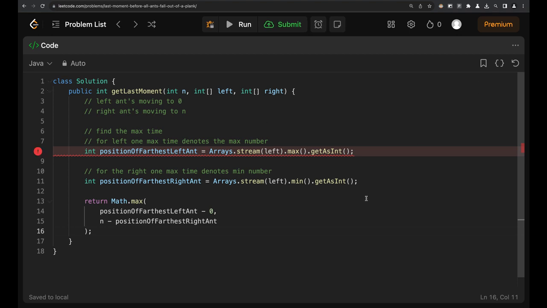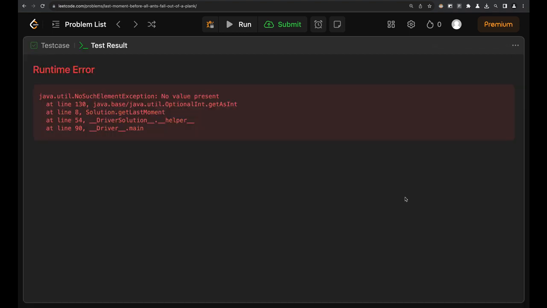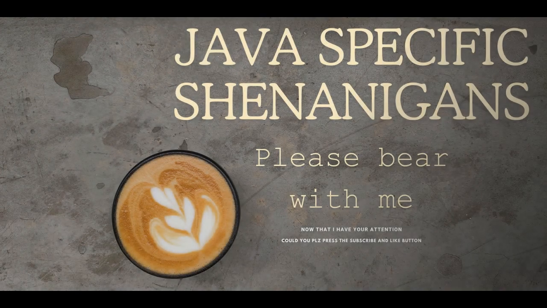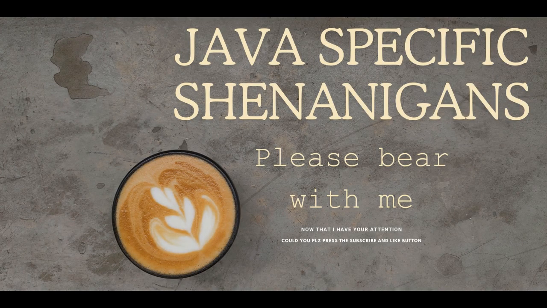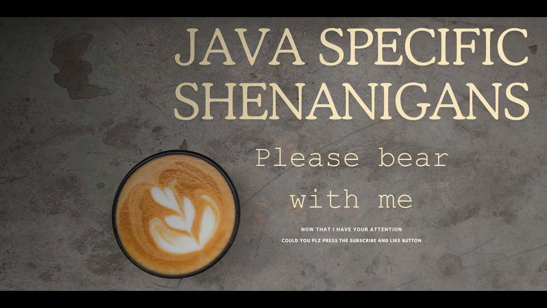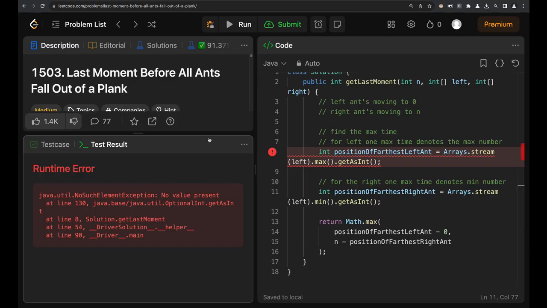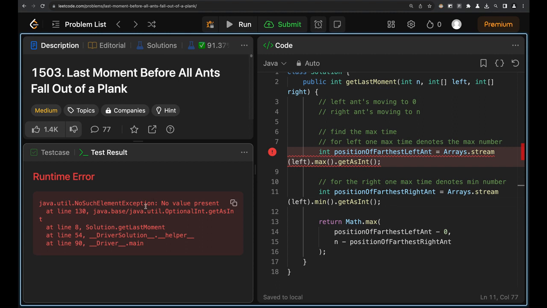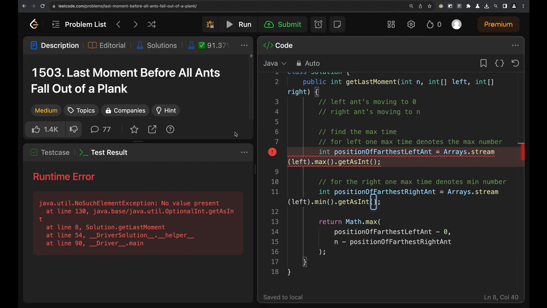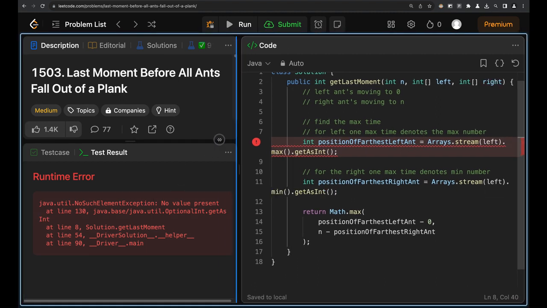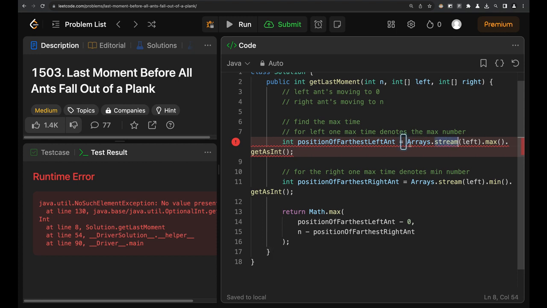It gave an error. So what does it say? It says no value present, no such element exception. We get this exception because the stream itself is empty.